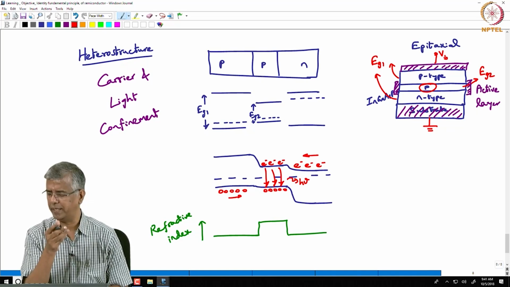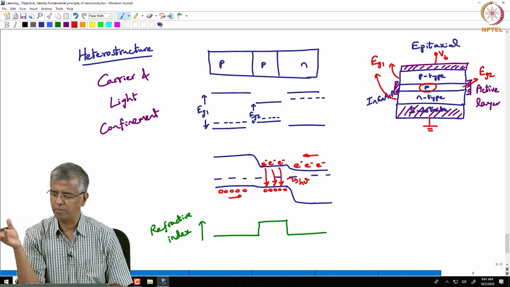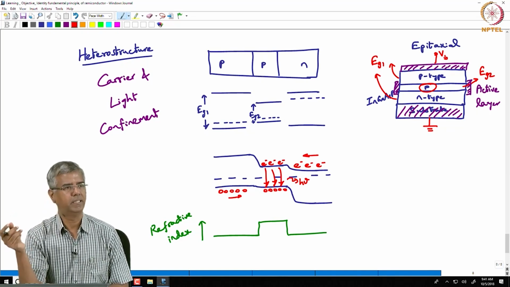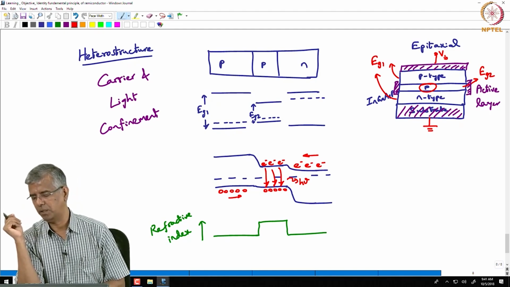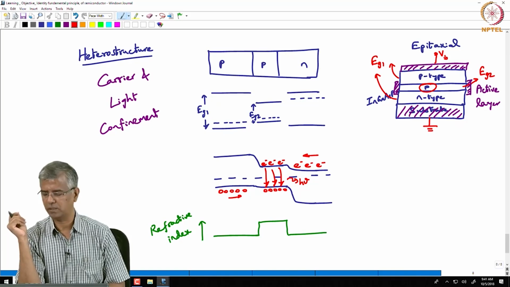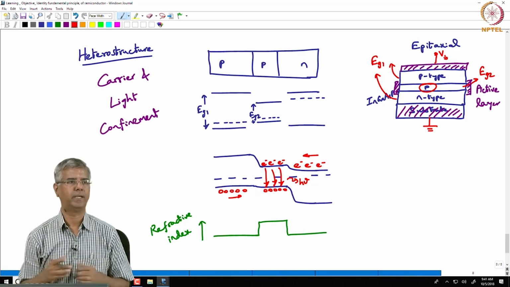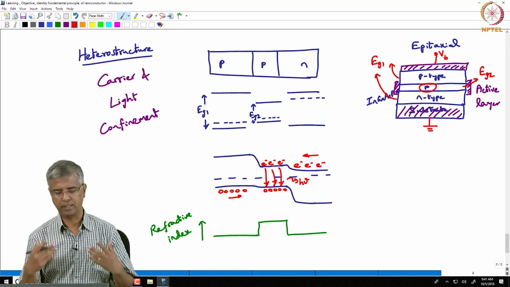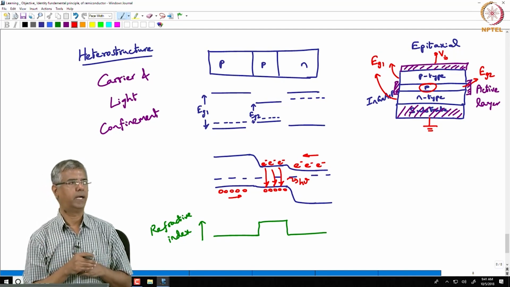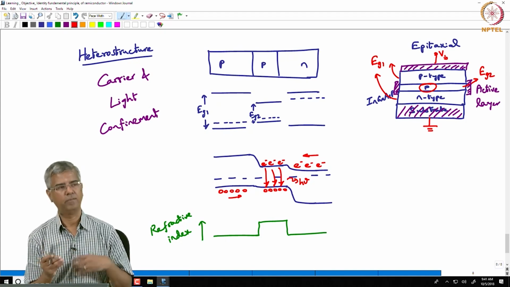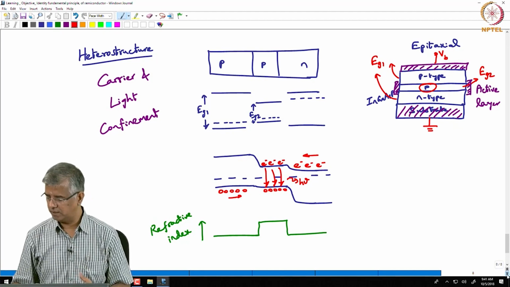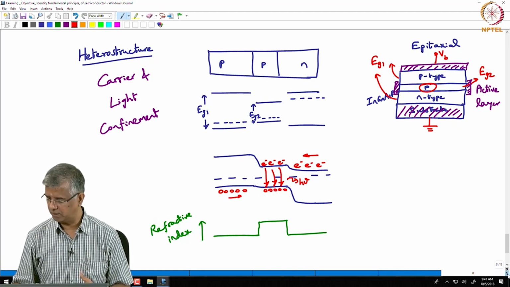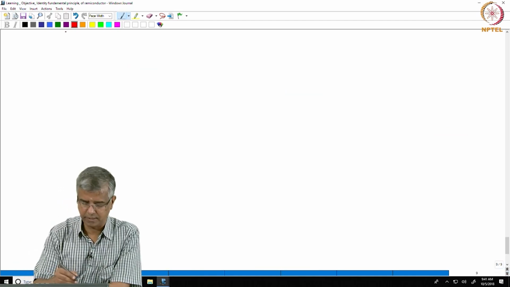Clearly, you have carriers injected into the structure, and they are going to accumulate in that active layer, and then they are going to start recombining, and then you have light emission. So, let us track this light emission as a function of the injected current.